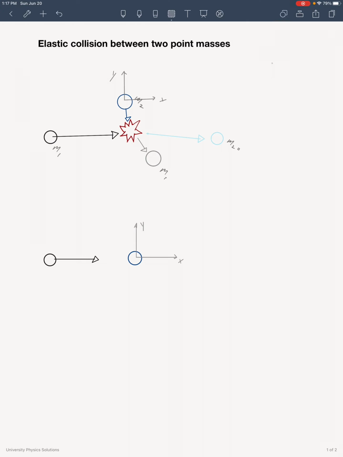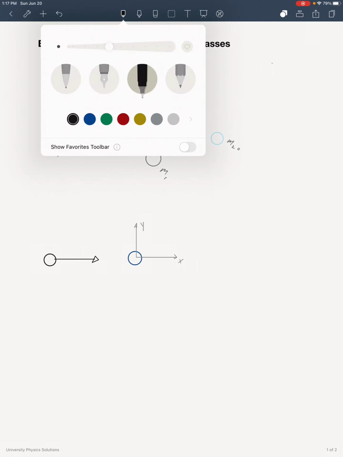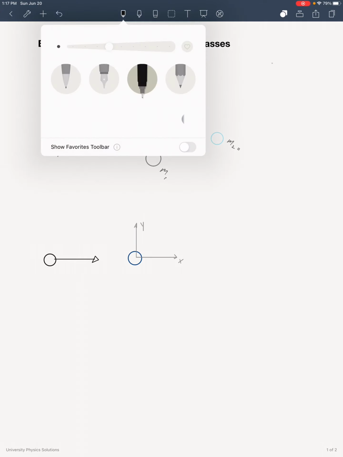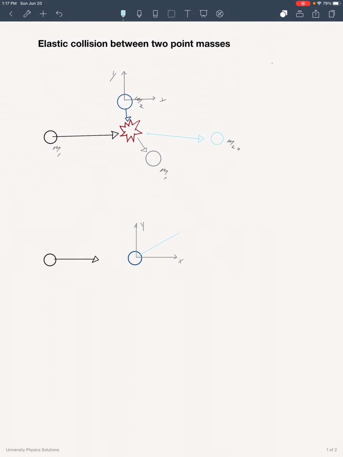Now after the collision, I'll still have some scattering angles, so maybe M2 scatters out this way and M1 scatters perhaps in that direction.